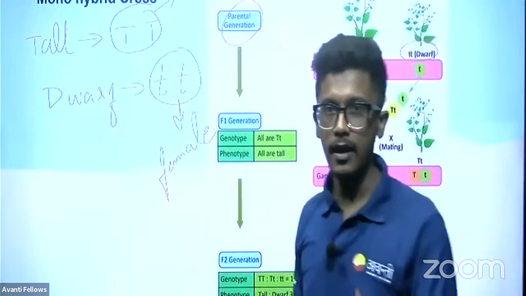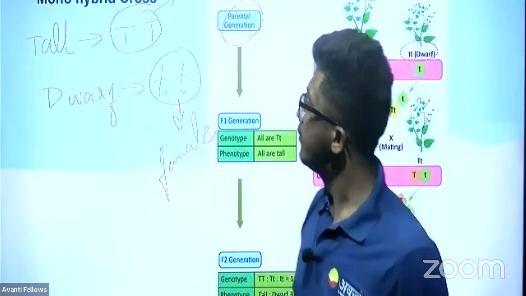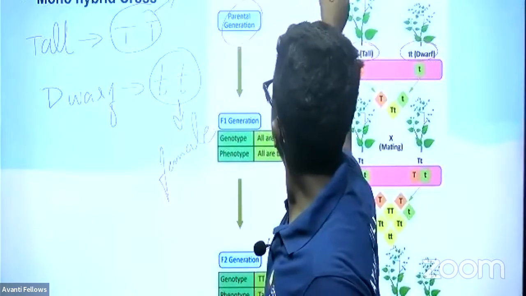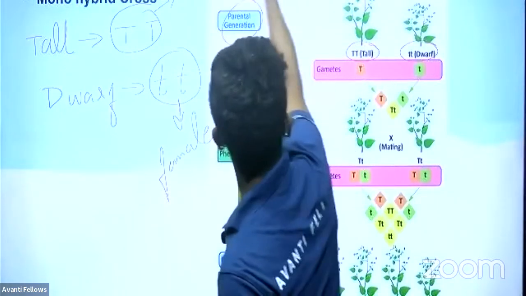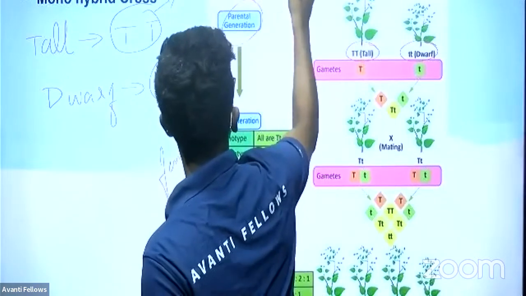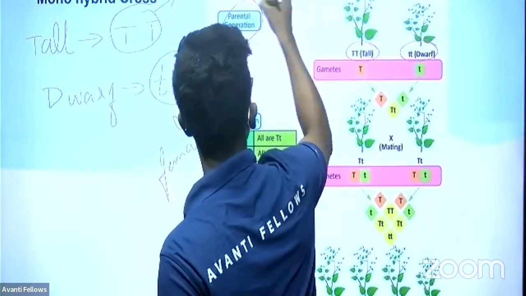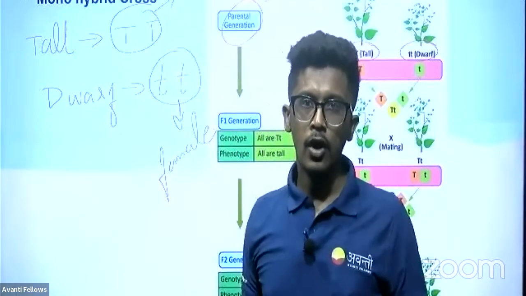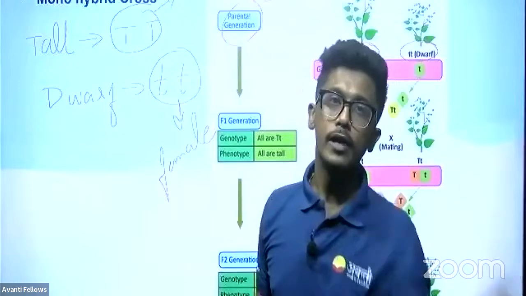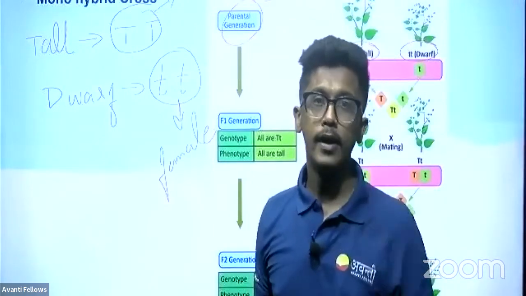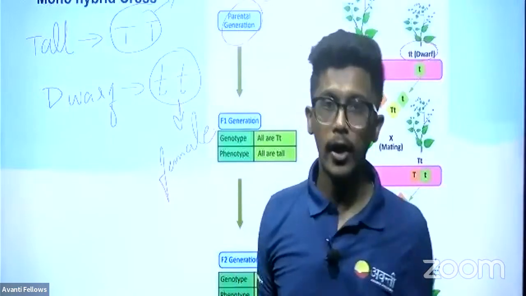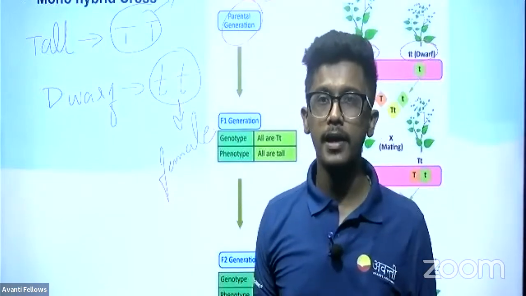What would happen if they produce gametes? If my male plant starts producing pollen grains, what are pollen grains? Pollen grains are gametes. Are gametes haploid or diploid? They are haploid in nature. So what would be the chromosome number, N or 2N?